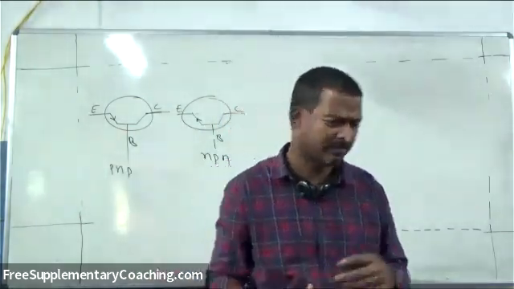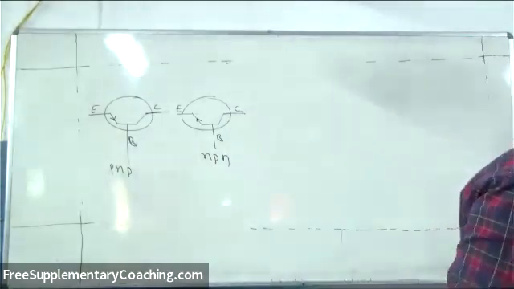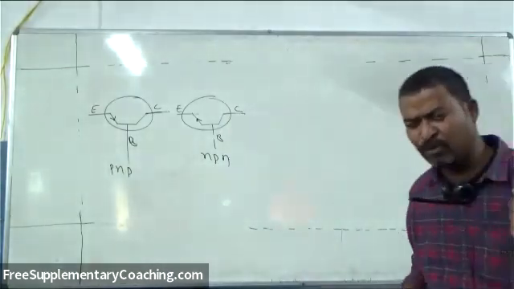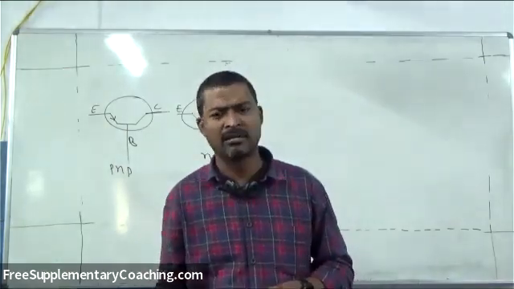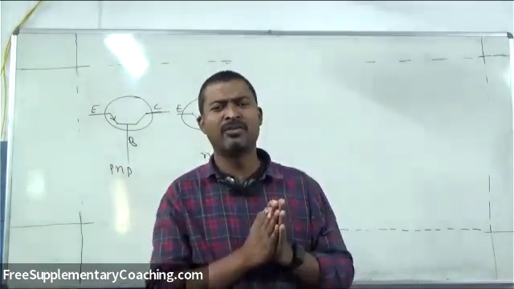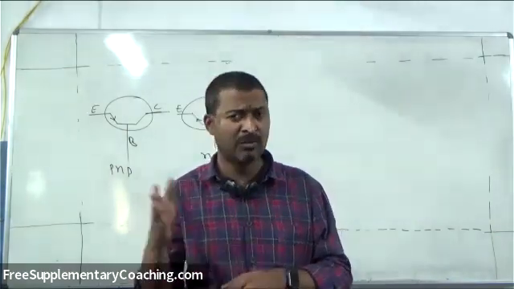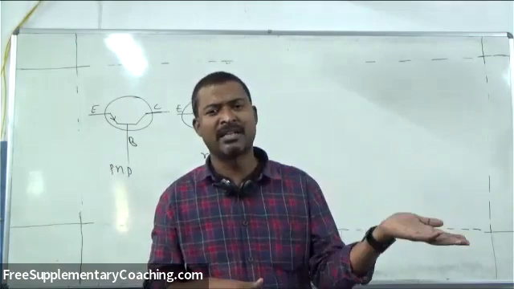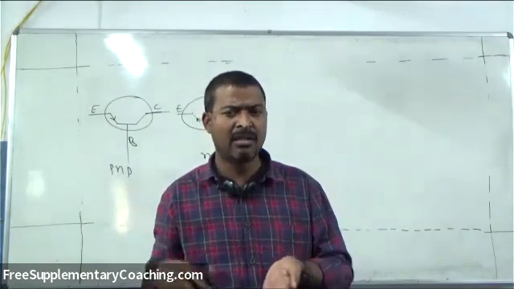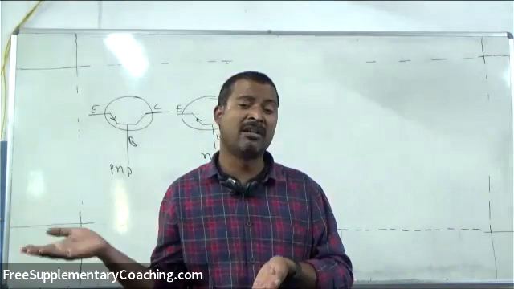That's it. And another question they may ask, what is the difference between voltmeter and ammeter? Simple. Ammeter is used to measure current. Voltmeter is used to measure potential difference. Ammeter is connected in series with the resistor. Voltmeter is connected in parallel with the resistor.